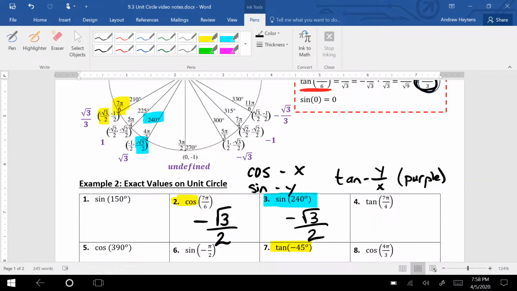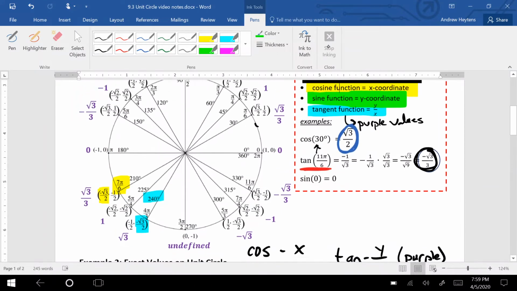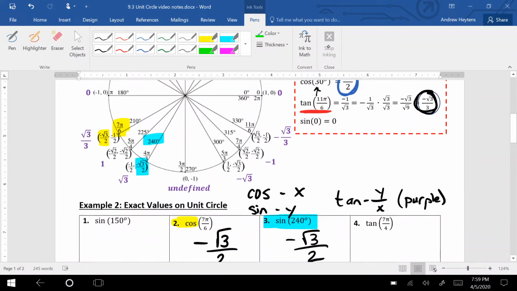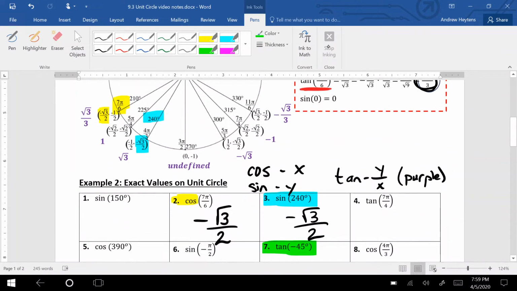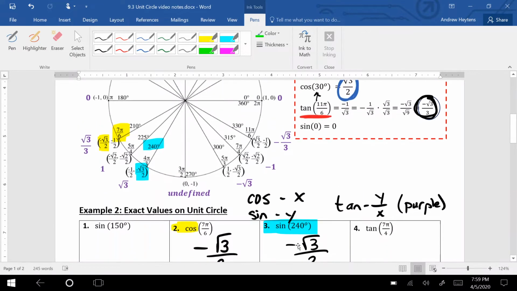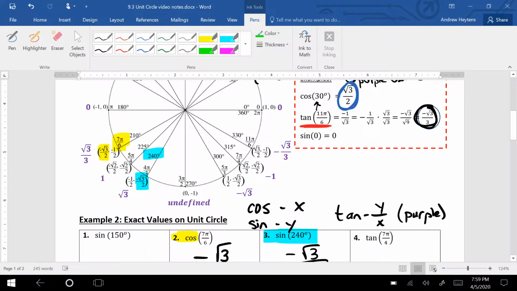Fourth one, tangent of negative 45. Do this one in green. Okay, now, negative 45 is not technically on the circle that you see. So if you remember from 9.1, you need to figure out where negative 45 degrees is. And since it's negative 45 degrees, you have to go down first.